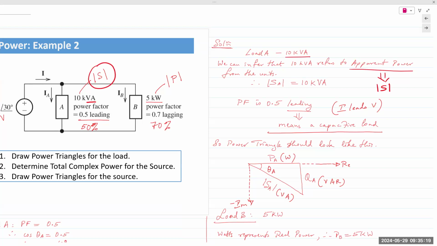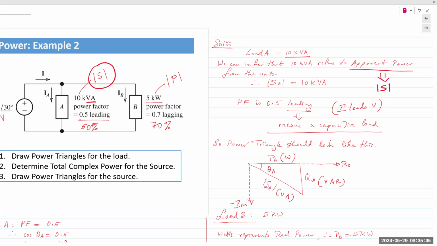Then we are told the power factor is 0.5 leading. Leading always means it's a capacitor or a capacitive load. Lagging always means it's an inductor or inductive load. Remember, ELI the ICE man. If current lags, then power factor is lagging.